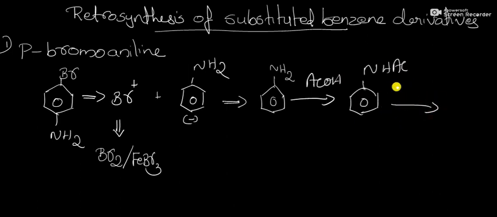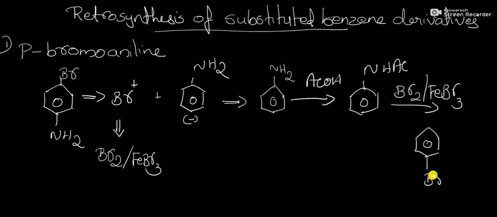Then on electrophilic substitution reaction by bromine in the presence of FeBr3, we get ortho and para substituted bromoacetanilide. This is para-bromoacetanilide, and we get ortho-bromoacetanilide.